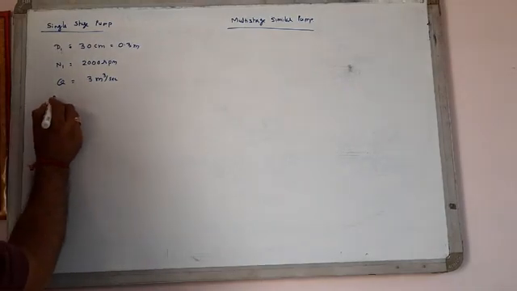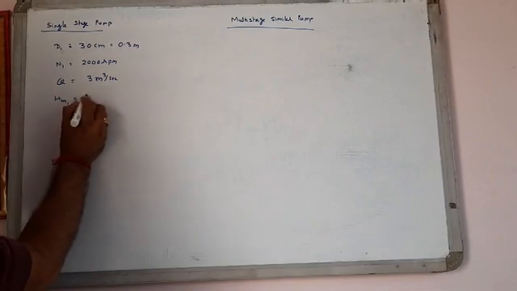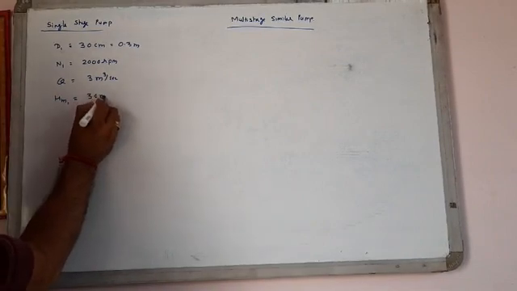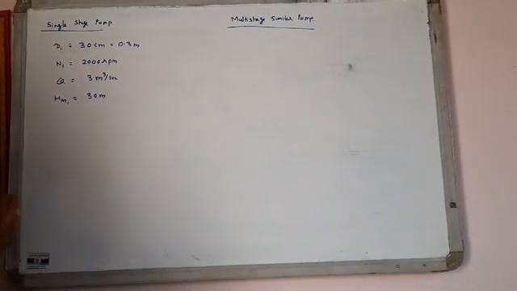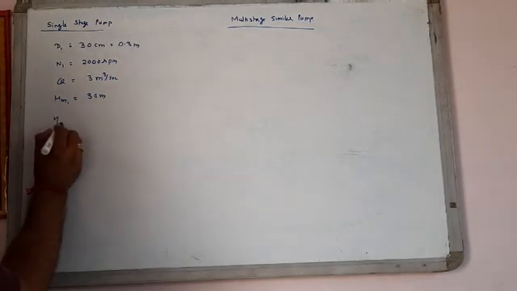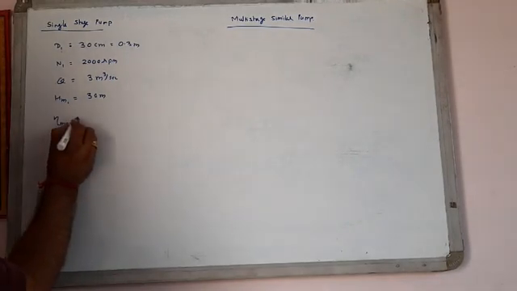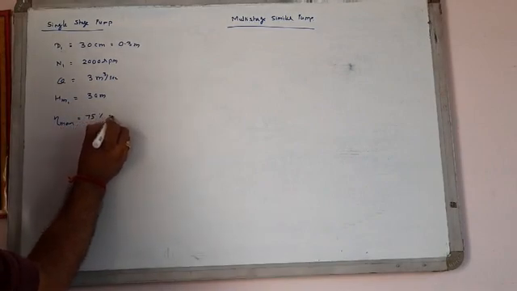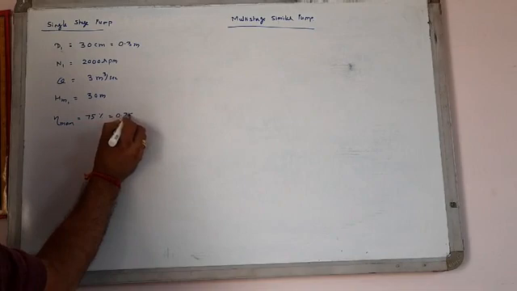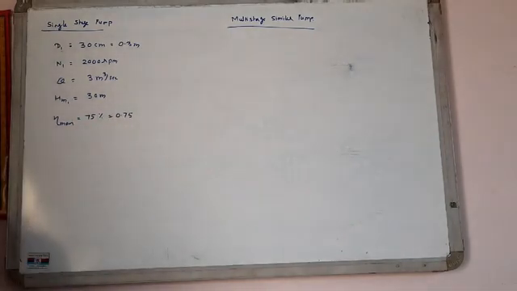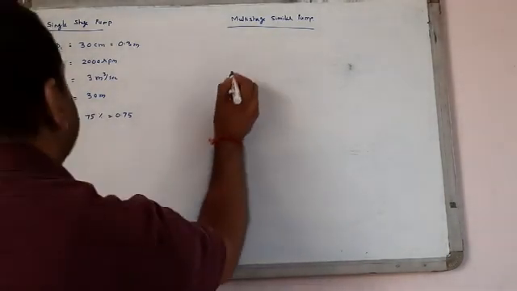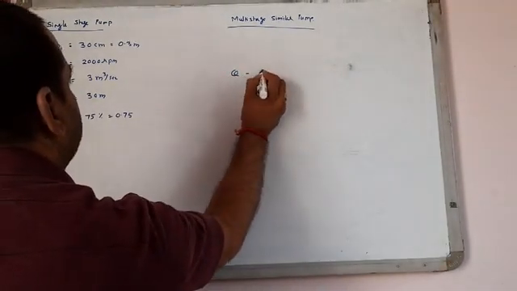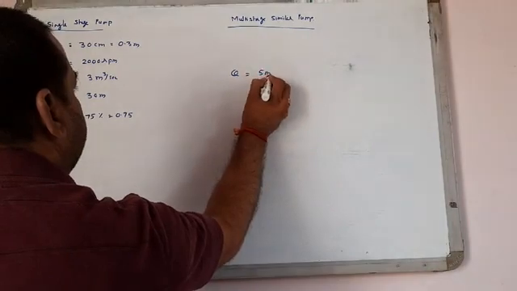Height HM1 is given 30 meter. Efficiency eta manometric is given 75% equal to 0.75, and for the multi-stage pump, discharge Q is given 5 meter cube per second.